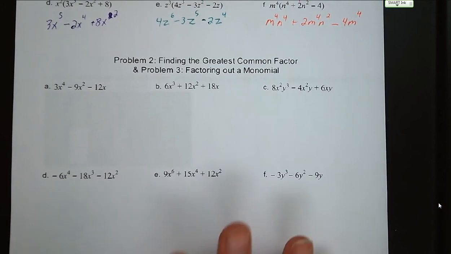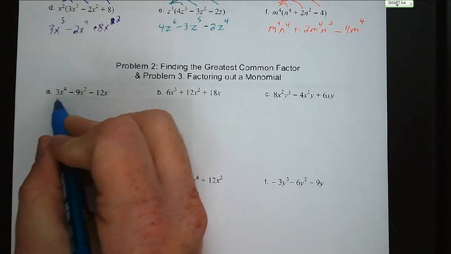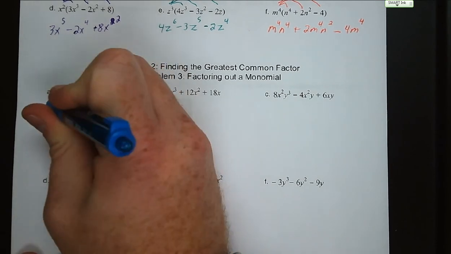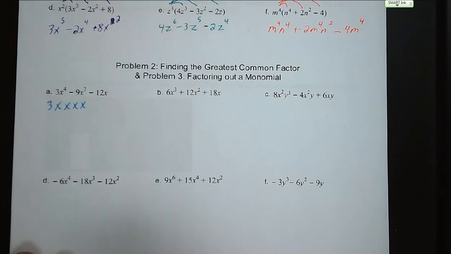Problem 2 is finding what our greatest common factor is in each of our trinomials, and problem 3 is to factor that out and simplify. So the first thing I'm going to do is list all of the factors of each of my terms. So the first term is 3x to the fourth. So I have a 3, and 1, 2, 3, 4 x's.